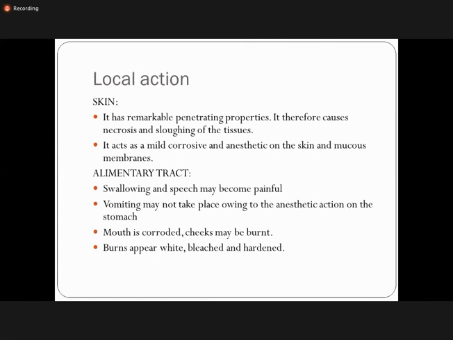For local ones, skin has very high penetrating properties. Due to extensive penetration, the skin will show necrosis or sloughing of tissues. Now, I want you to remember that carbolic acid has some anesthetic properties, meaning that it's going to slightly numb the area where it's applied.